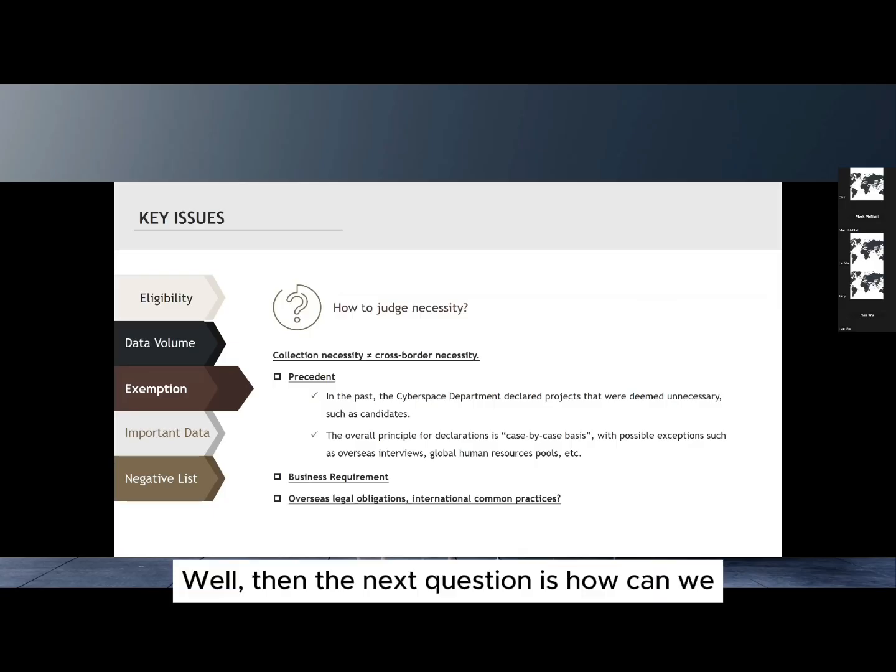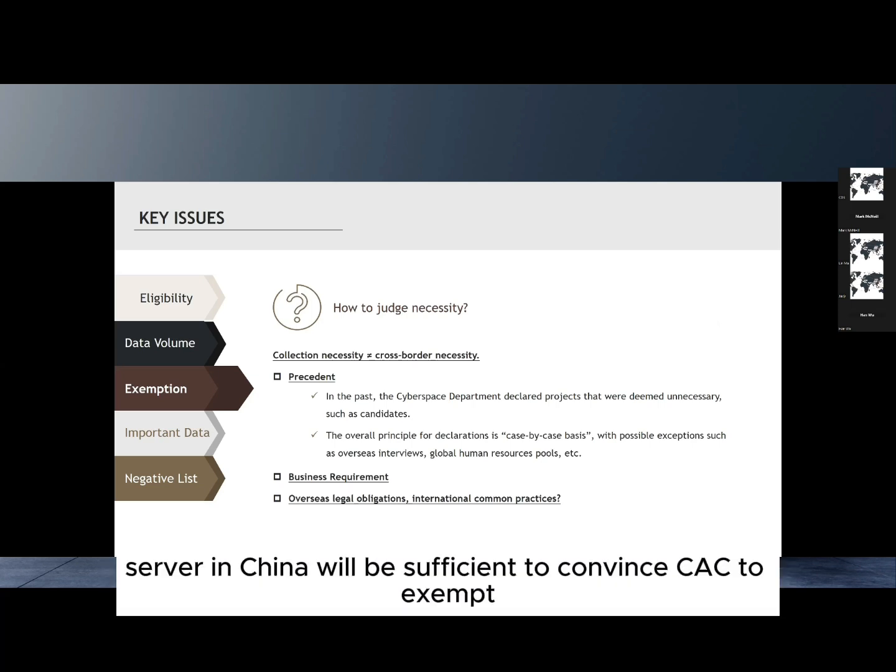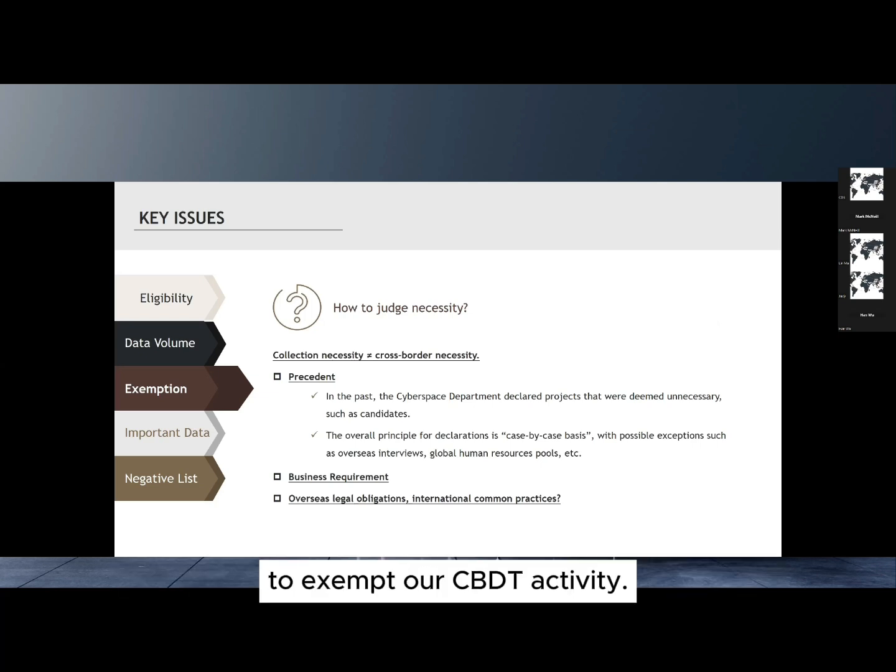Well, then the next question is, how can we evaluate the so-called necessity principle? We're trying to say that whether the SaaS provider having no server in China will be sufficient to convince CAC to exempt our CBD activity.